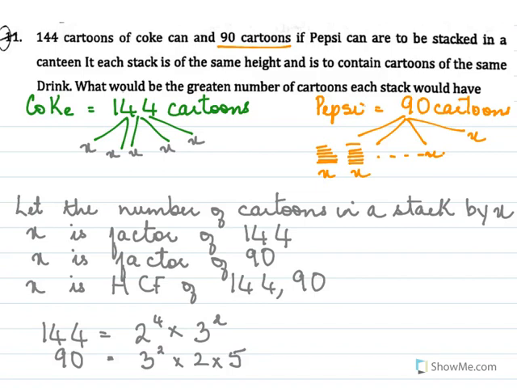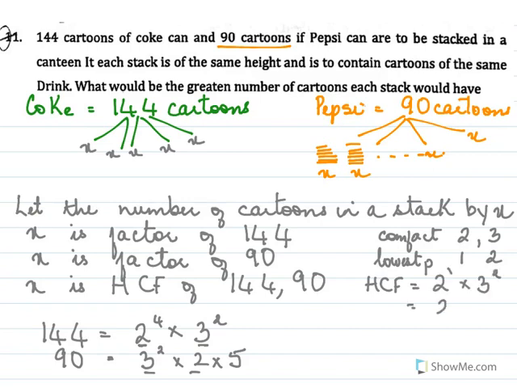Now to find the HCF, we have to find the common factors, and here the common factors are 2 and 3, with the lowest powers. The lowest power of 2 is 1 and of 3 is 2. So HCF equals 2 raised to 1 into 3 raised to 2, so 2 into 9, HCF equal to 18. So the number of cartons in each stack will be 18.